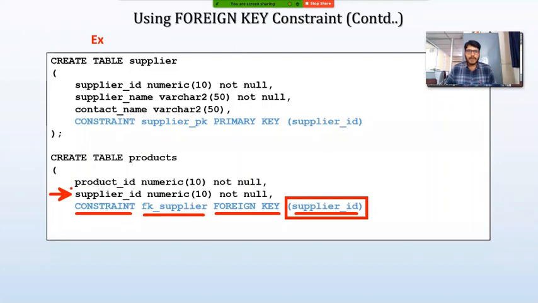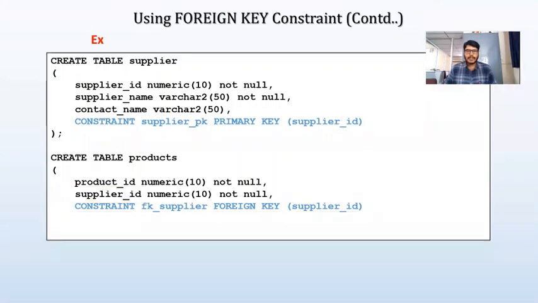So the same name I have already used to define the supplier ID. So after this, I need to provide the reference for the parent table. So now I have used the constraint name and foreign key, and also within a parenthesis I have defined which column I want to make a foreign key.